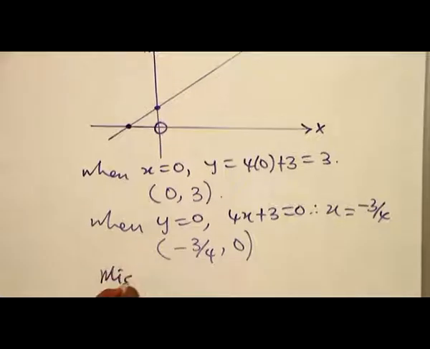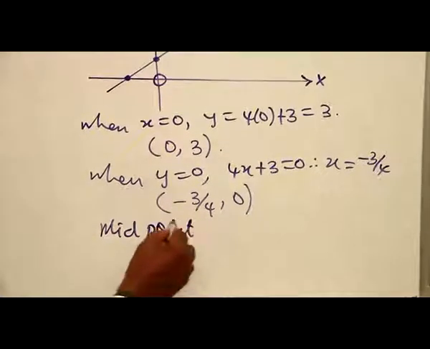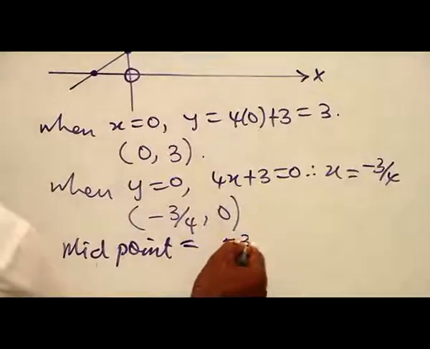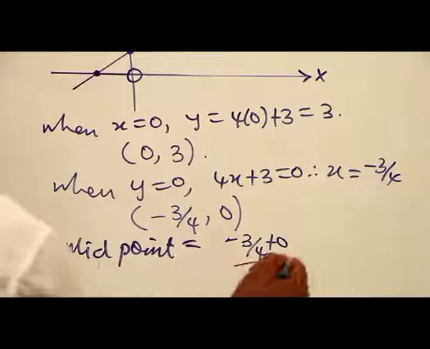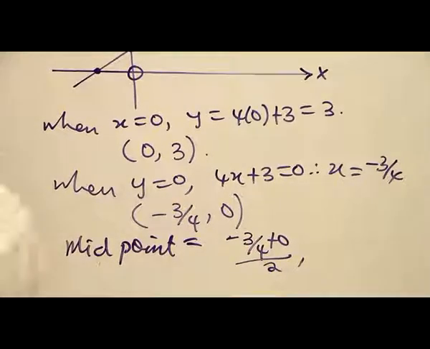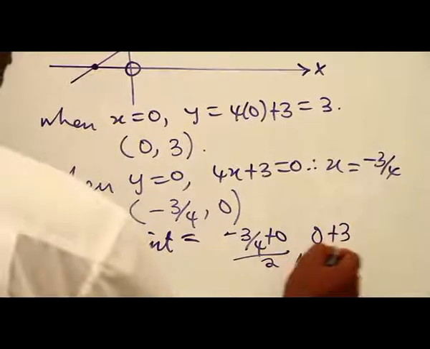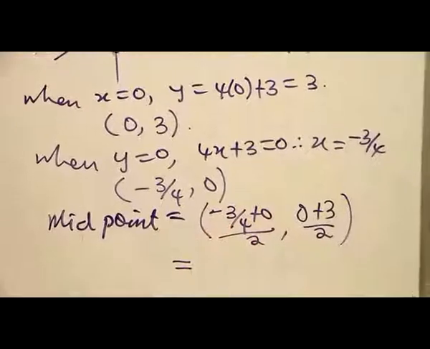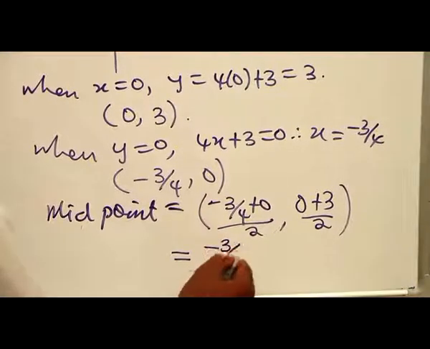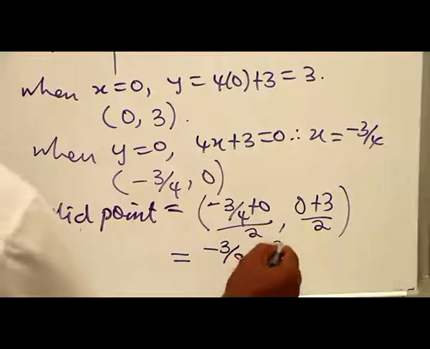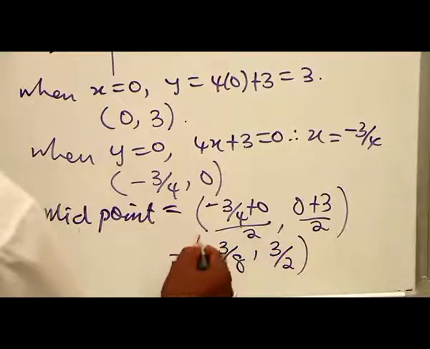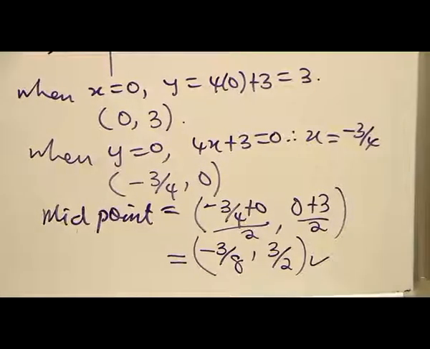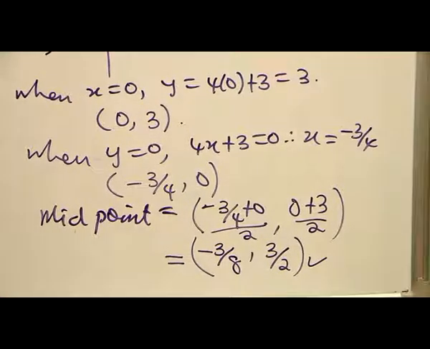Therefore, our midpoint will be equal to, remember the midpoint theorem, (minus 3 over 4 plus 0) divided by 2, comma, and then (0 plus 3) divided by 2. Now simplifying this, you have minus 3 all over 8, and we have 3 all over 2. And this gives you the midpoint of the line between when x equal to 0 and when y is equal to 0.